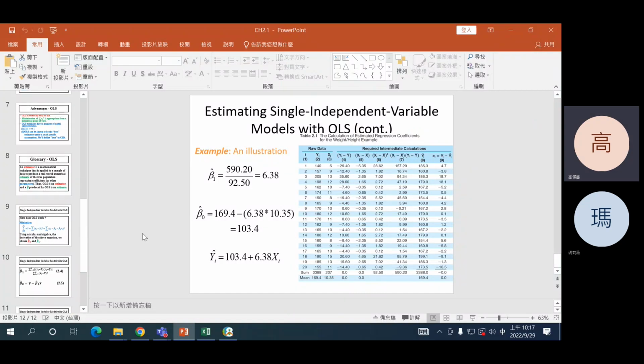So this is estimating single independent variable models with OLS, which means with just one X variable. Any questions? No. All right. Yes.